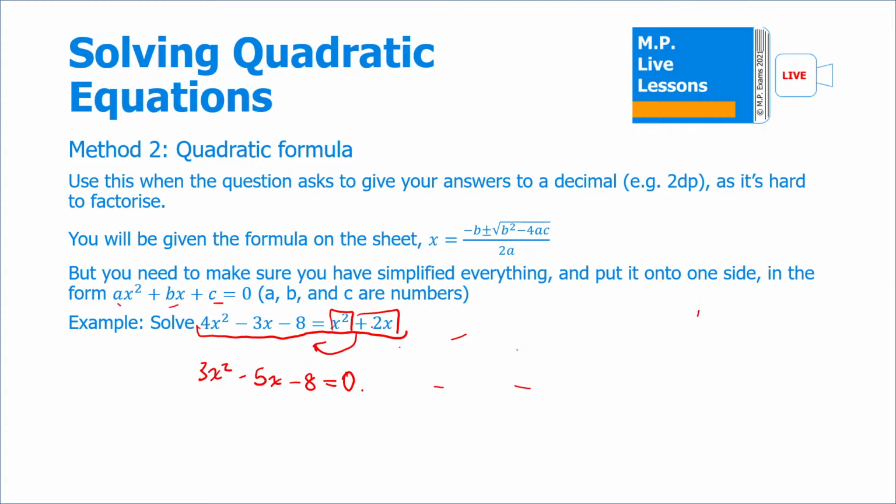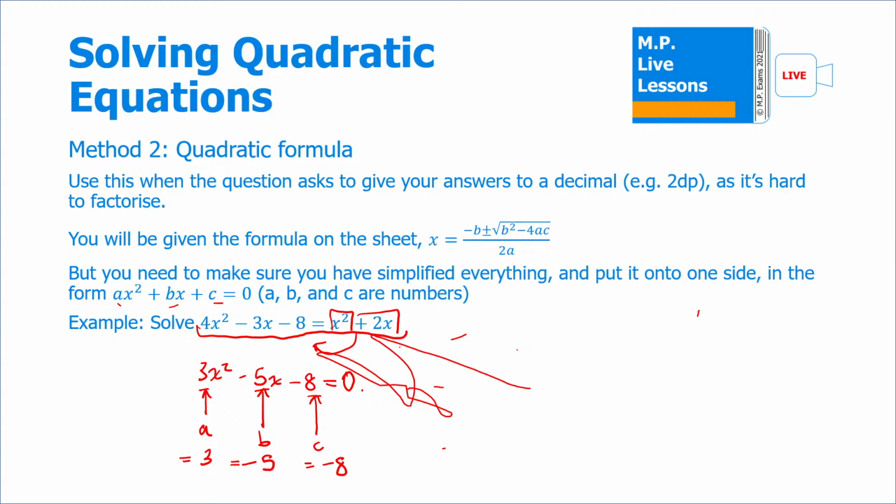This is the form ax squared, so a is the number, that's the 3 here, plus bx, so b, as a note, is minus 5. And this here is c, the number at the end, so c is equal to minus 8.